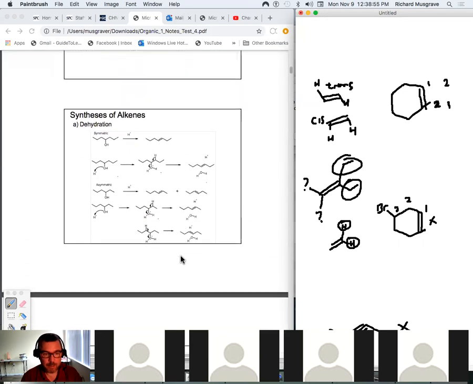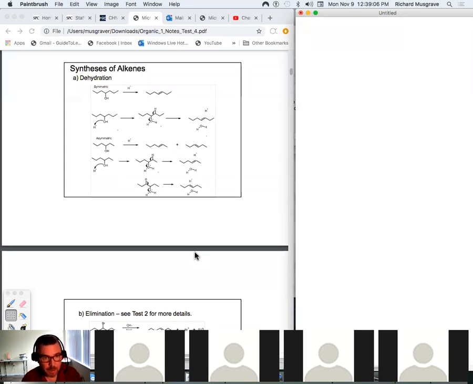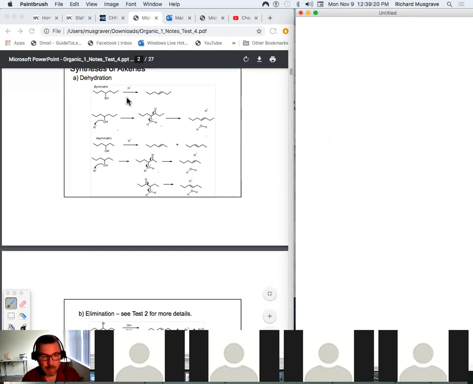Okay. So I'm going to go through reactions here. We're going to start with some syntheses of alkenes, or how we make alkenes. And we've actually already dealt with a few methods here for making alkenes. This first one here is the situation where we have a symmetric alcohol.